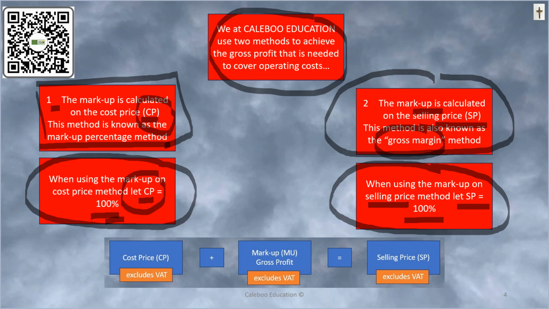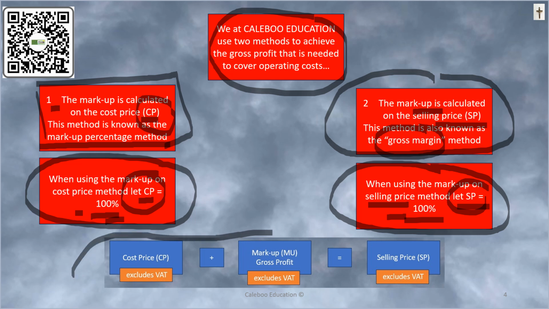So if the markup is on the cost price, we let the cost price equal 100%. When the markup is on the selling price, we let the selling price equal 100%. That will make more sense when I do some calculations.